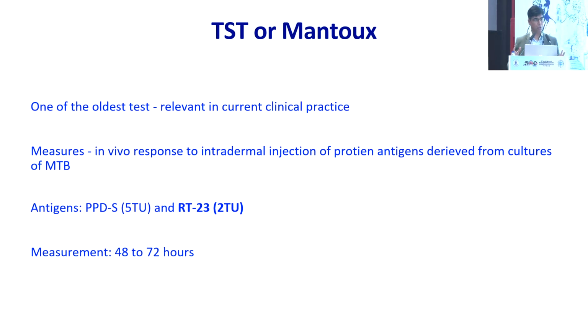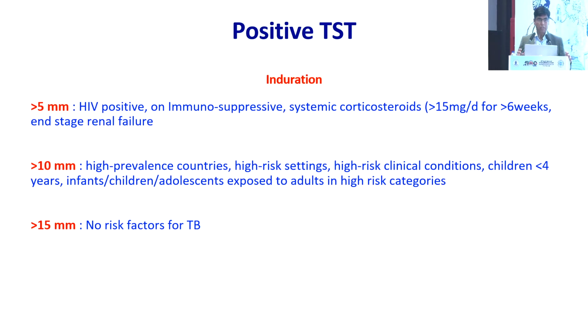Mantoux, as you all know, is one of the oldest tests which is still relevant in clinical practice. We do it almost daily, and it measures the response to intradermal injection of a very crude protein antigen derived from cultures of MTB. The test has to be interpreted based on which patients we are doing it in. Positive results have been categorized into different levels.